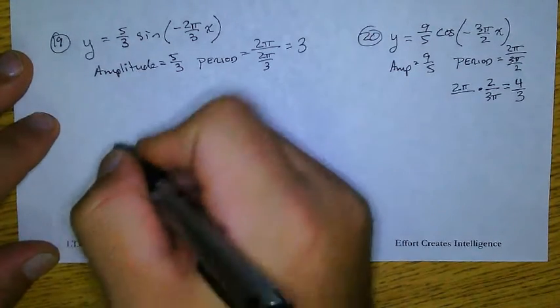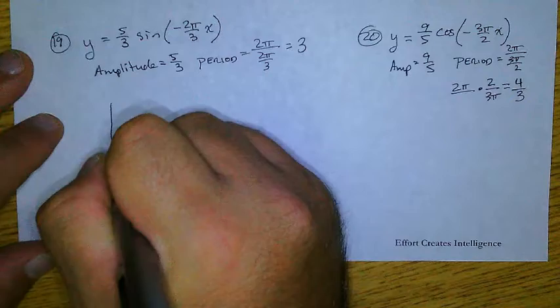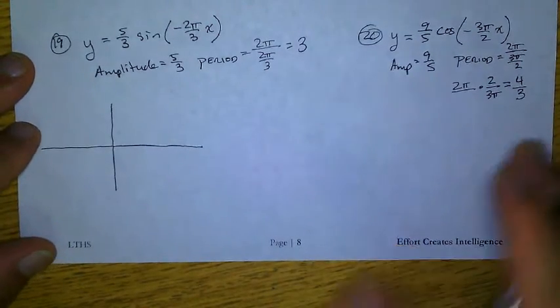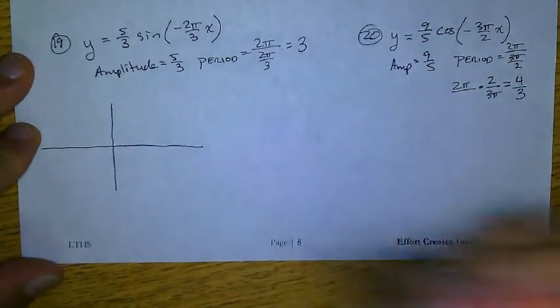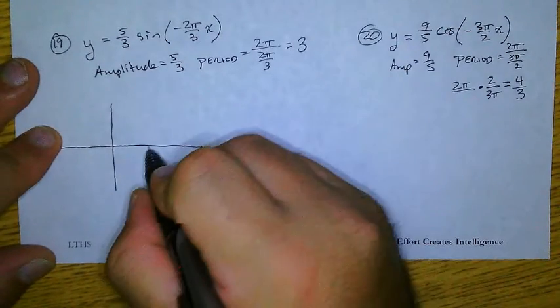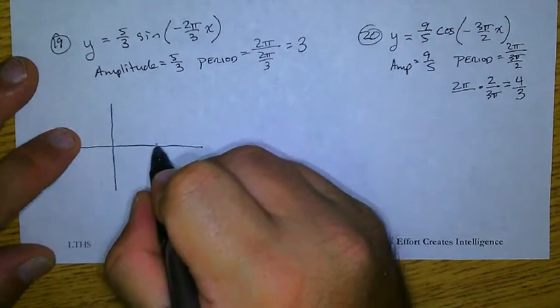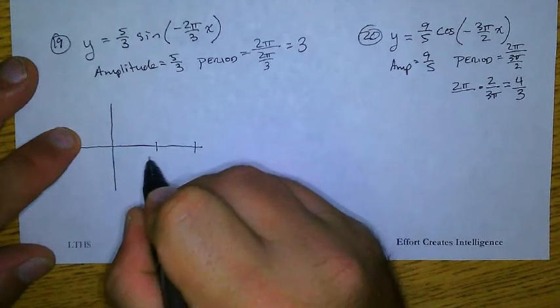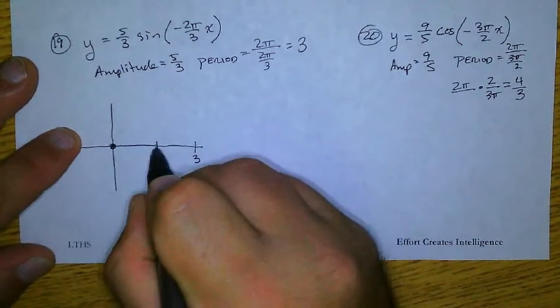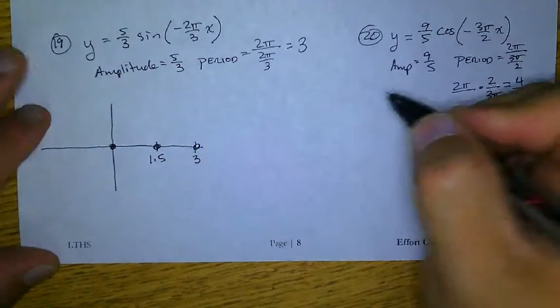Alright, if I'm going to draw my graph, I might draw it so I have positive and negative, which is fine. I have a sine function with a period of 3, so I know that at 1/2 of my period, 1.5, and at the end of my period, my sine function is on that central axis.